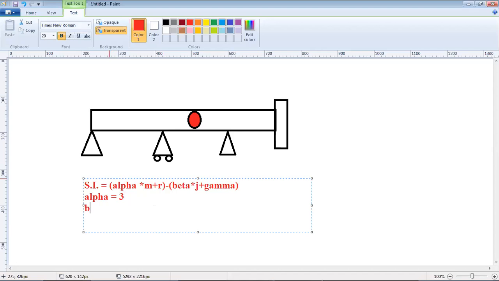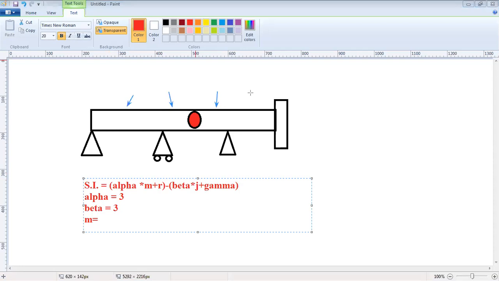Then beta, the equilibrium equations, would be again 3. Then members, there are 4 members here. This is 1, this is 2, this is 3, this is 4.